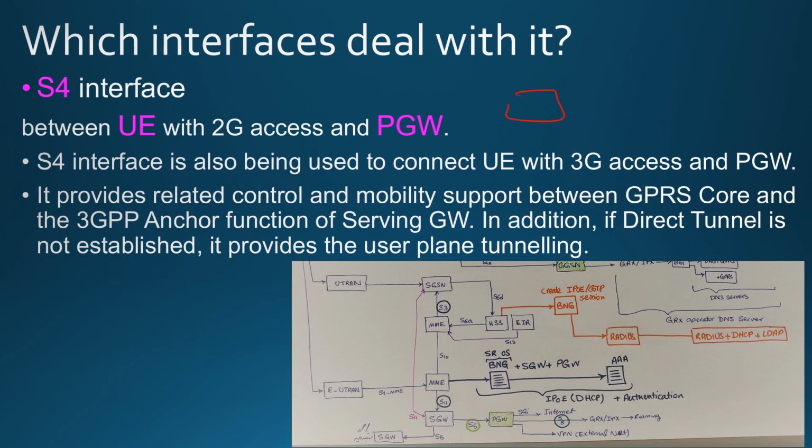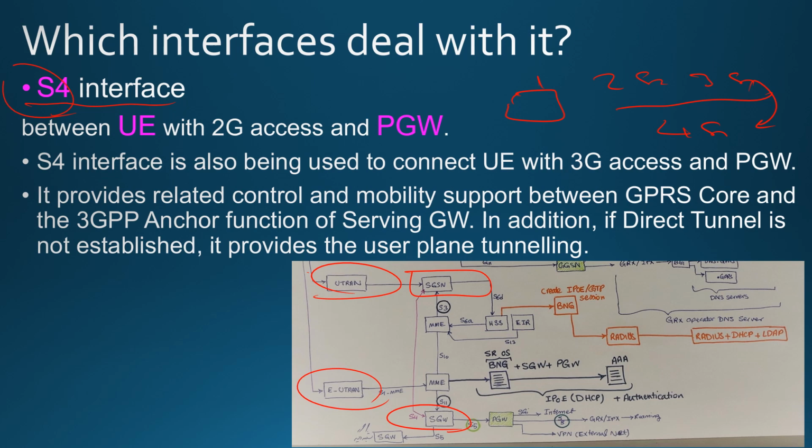When your mobile wants to send its data from a 2G or 3G network to a 4G network, it can use a new interface, which is S4. For example, you are in a UTRAN network and previously used an SGSN node, but now you are in an E-UTRAN network and want to use the SGW instead of the SGSN.